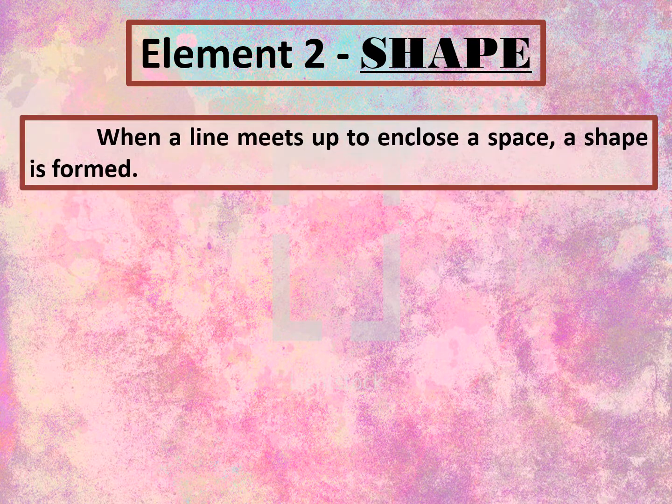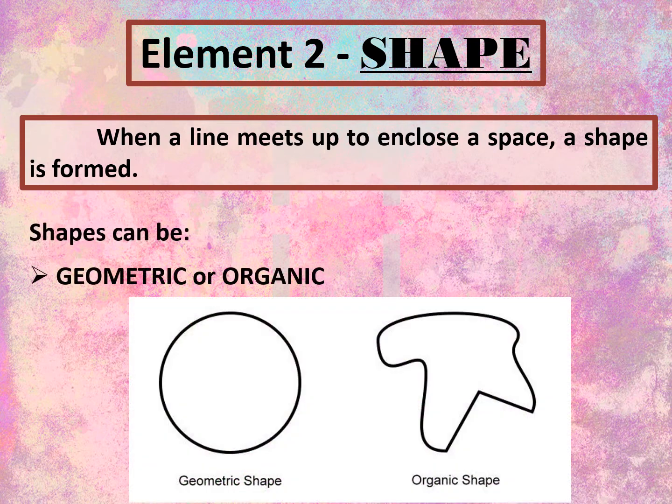The second element is the shape. When a line meets up to enclose a space, a shape is formed. Shapes can be geometric or organic. As you can see in the picture, that is an example of a geometric shape. The example there is the circle.